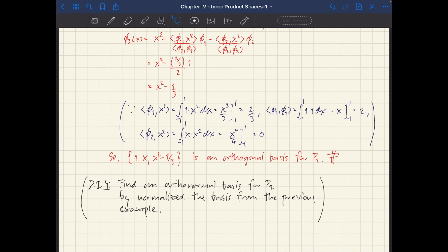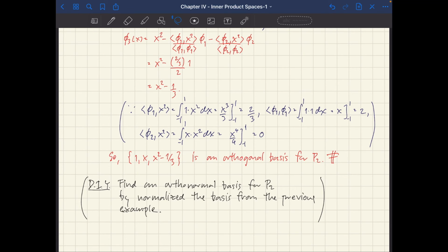And next, okay, we will talk about the theorem of the basis. So we know that if we have a set S that is linearly independent, we can enlarge that set to be a basis for the vector space, right?